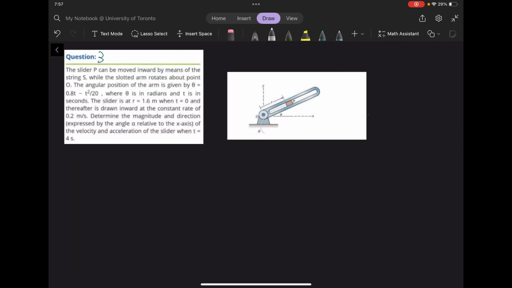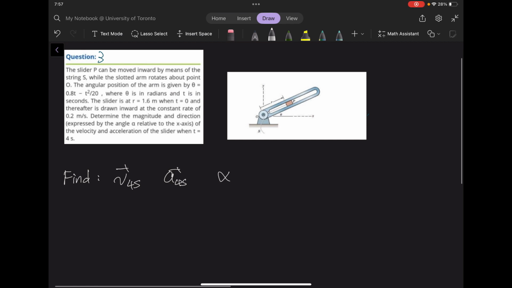Question number 3. The slider P moves inward by means of the string S, while the slotted arm rotates about the point O. What we need to find is the velocity and the acceleration of the slider when time is 4 seconds, and the direction of it should be expressed by the angle alpha relative to the x-axis.